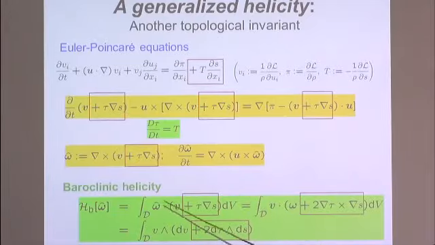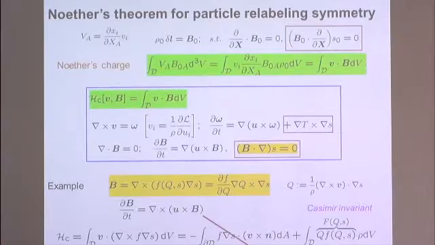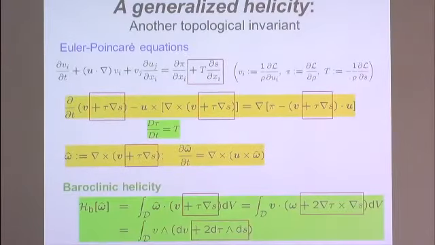So this and the vector potential are exactly the same as the helicity in barotropic fluid. So this is not the same class as this slide. This is just outside the class, but anyway, it's a topological invariant in the same sense as barotropic fluid.